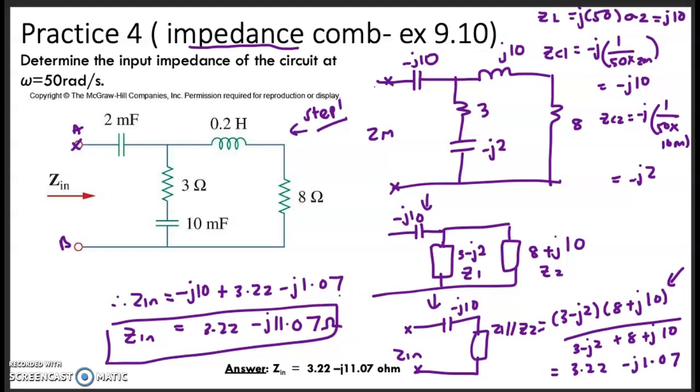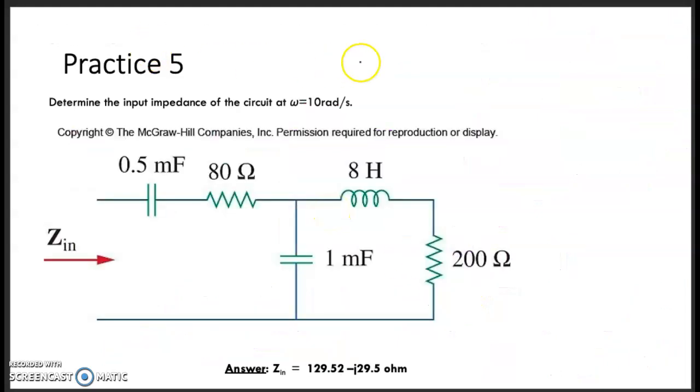Okay. So again, how are you going to calculate the total impedance? Always change to the phasor form and then slowly move from this point towards the left point and find whether it is in series or in parallel. Let's see again this example.